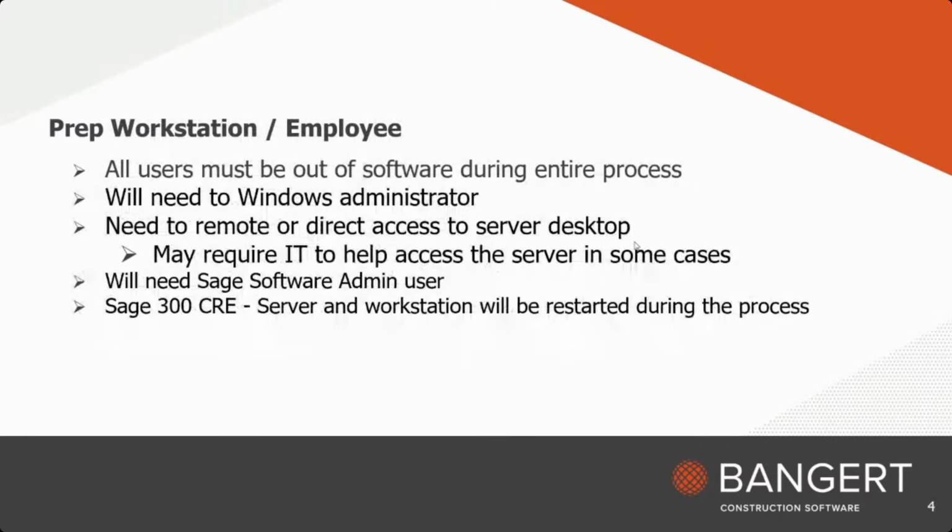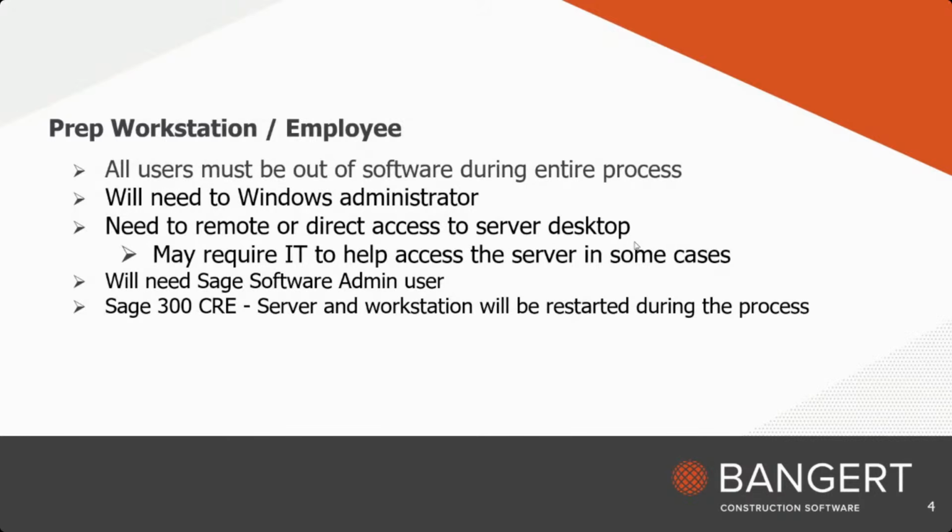And if we could move to the next slide. You're also going to want to make sure that you're prepping your employees as well as making sure that you have a few other pieces in place. So as far as employee prep goes, everybody's going to need to be out of Sage during the entire upgrade process. This hasn't changed year over year, but sometimes I've run into clients where that becomes a surprise.